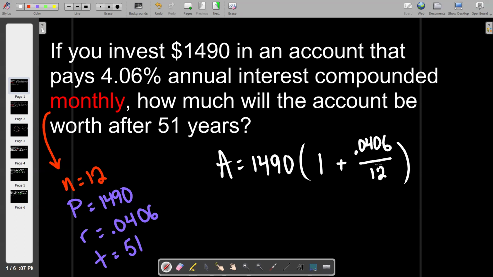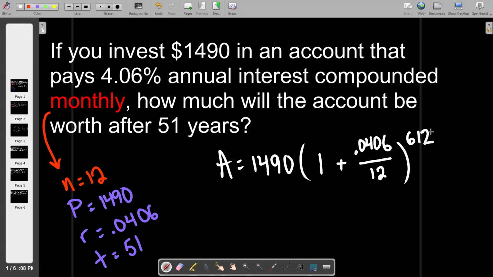And then up in the exponent, I have to multiply n by t. That's tough to do mentally: 12 times 51 is 510 plus 102. So I'm feeling like it's going to be 612. I want to check my math. Am I okay? 612. Good.